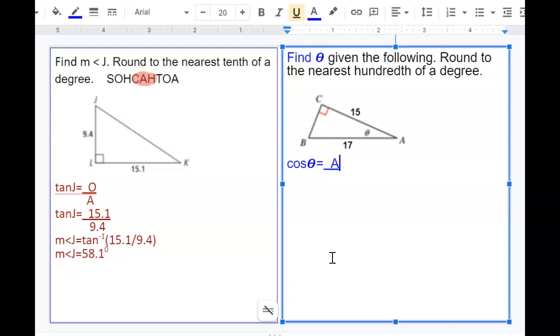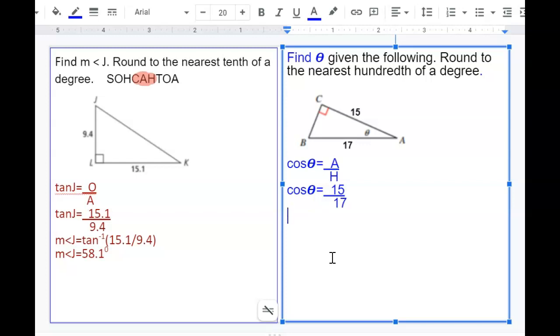So have adjacent over hypotenuse. But what's the adjacent? So have cos theta equals, my adjacent is 15, and then the hypotenuse is 17.